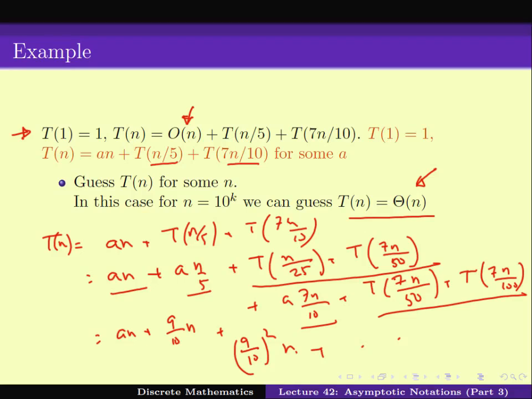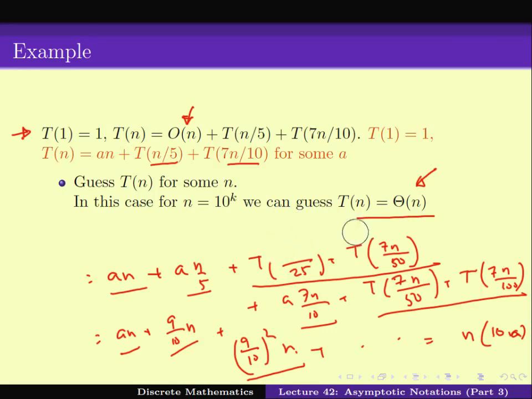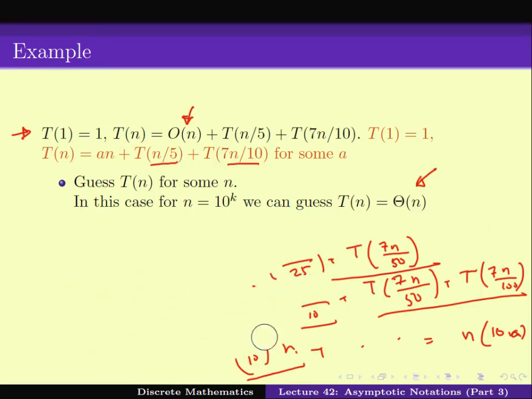And the summation of an plus 9n/10 plus (9n/10) whole square and so on is some number, it's an times something like 10, 10a or something. So in other words, you cannot guess this thing exactly again, even for the special case of n equals 10 power 5 and so on.